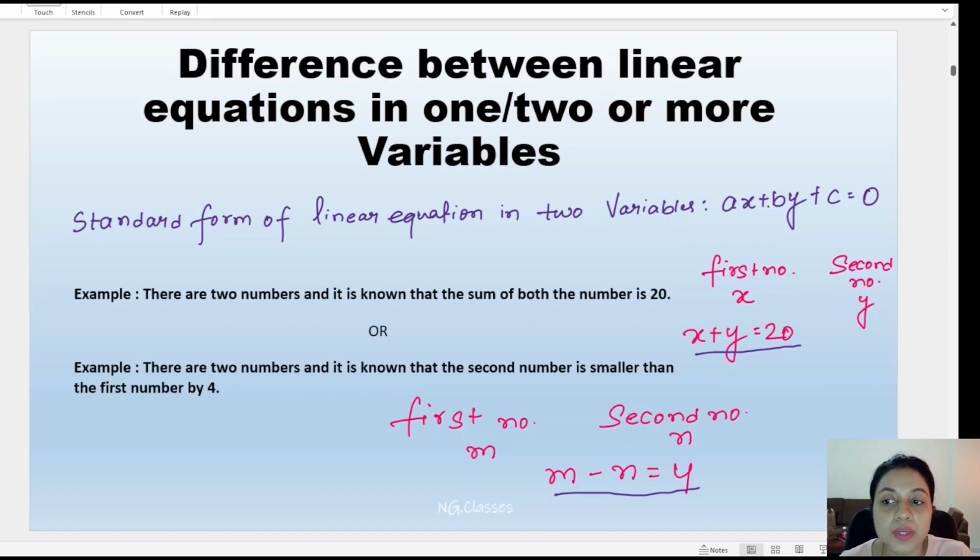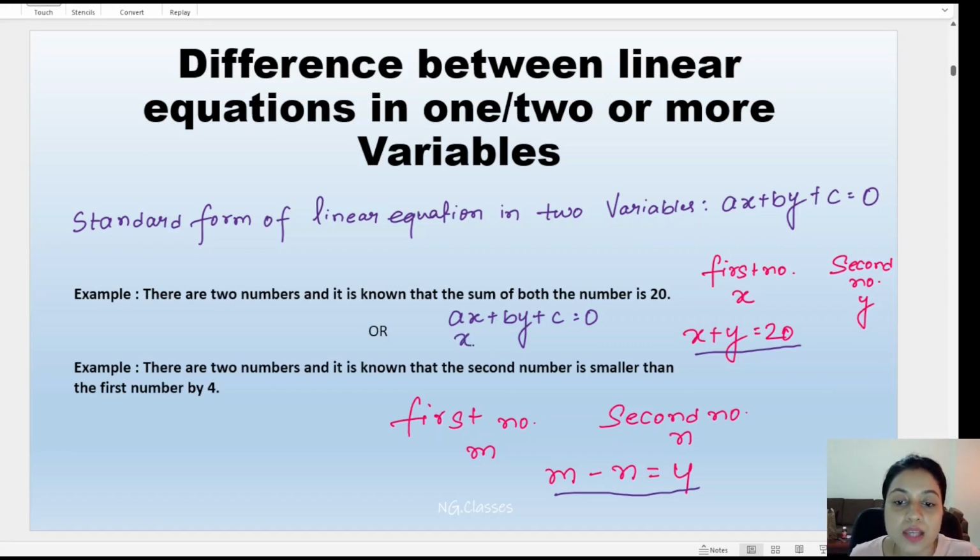Now let's compare the standard form with the first equation, x plus y equals 20. The standard form is ax plus by plus c equals 0, and the first equation is x plus y equals 20. Now 20, which is sitting on the right hand side, we will shift to the left hand side.